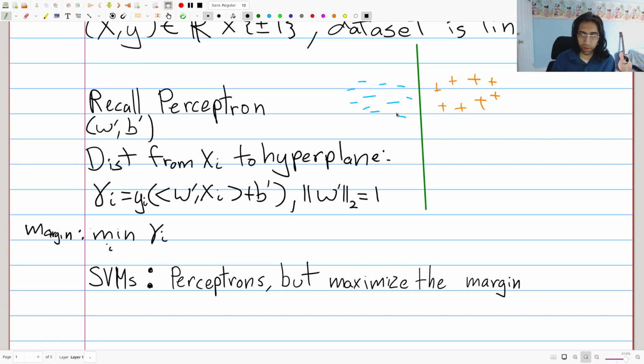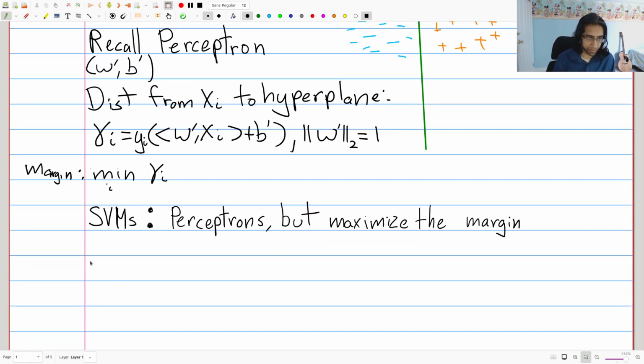The goal of SVM, let me write it informally first, and then we'll write it as a formal optimization problem, is to maximize over w prime and b prime, over all of the parameters for the solution, the minimum of the distance. So this maximizes the margin. This is essentially what an SVM tries to do.